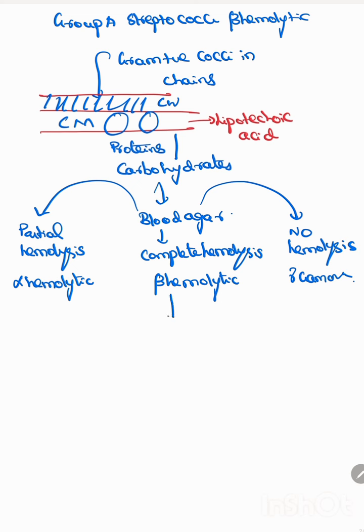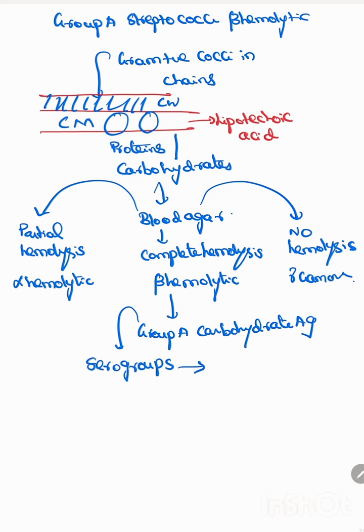Among these beta hemolytic streptococci, there is a cell membrane antigen called the group A carbohydrate antigen. Based on this carbohydrate antigen, the streptococci are in turn divided into serogroups, from A to V except I and J, and this is the famous Lancefield typing.